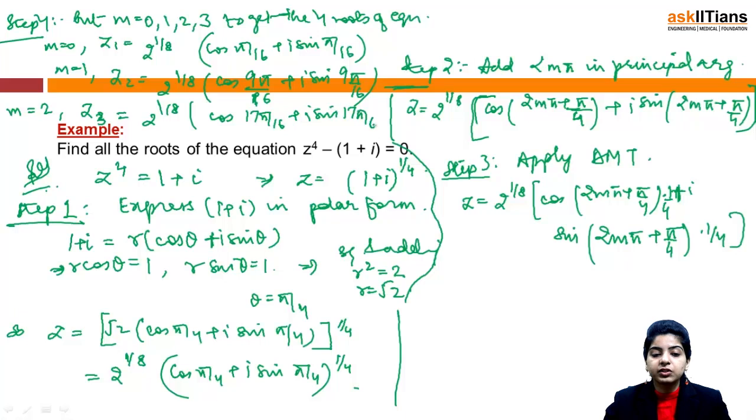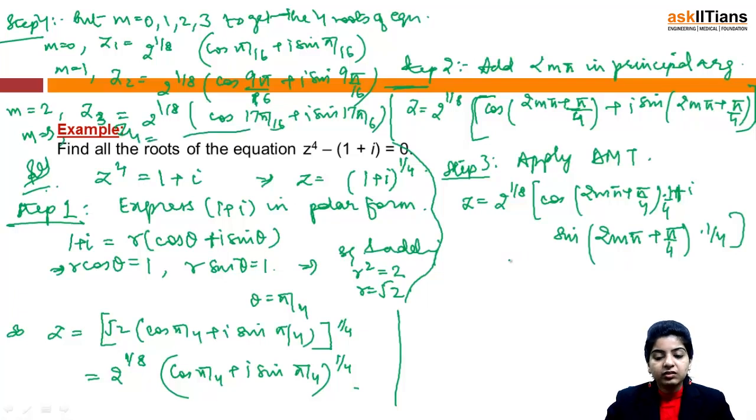I am just substituting the values of m. If we put m equal to 2, I get 4π plus π/4, and into 1/4 that becomes 17π/16. And similarly you can find out your z4 also, right?